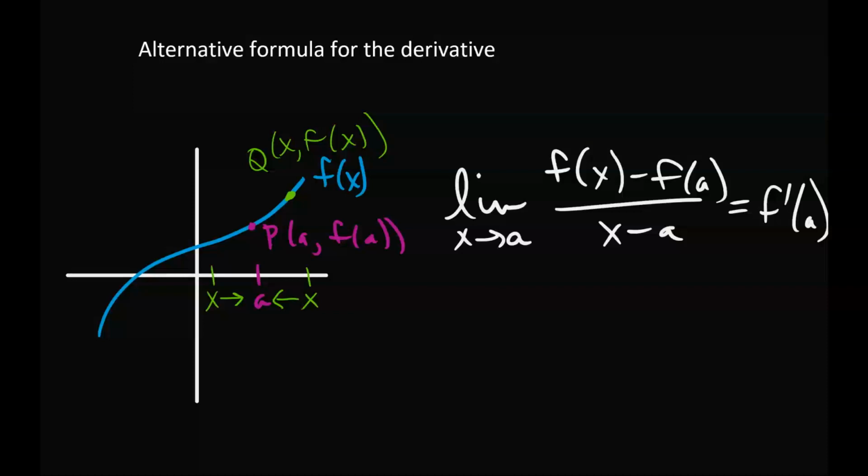And we can extend this alternative formula for the derivative to the derivative for a function. So right now it's defined as a derivative for a point, but we can extend it to the derivative for a function in the following way. We're going to introduce a new variable z, and z is going to be x plus h.